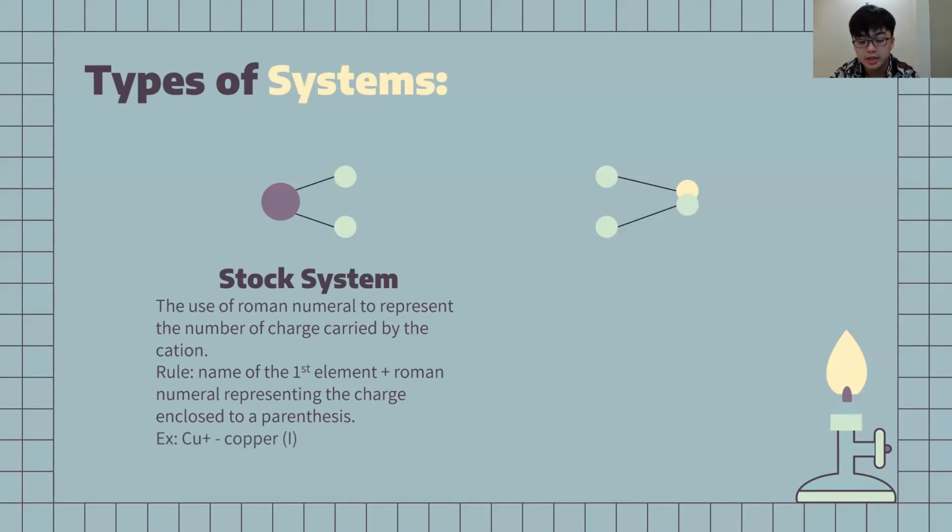The example here is Cu, and it is plus 1, so copper and the Roman numeral I. Next we have Pb, and it is plus 4. So the answer is lead and Roman numeral IV.